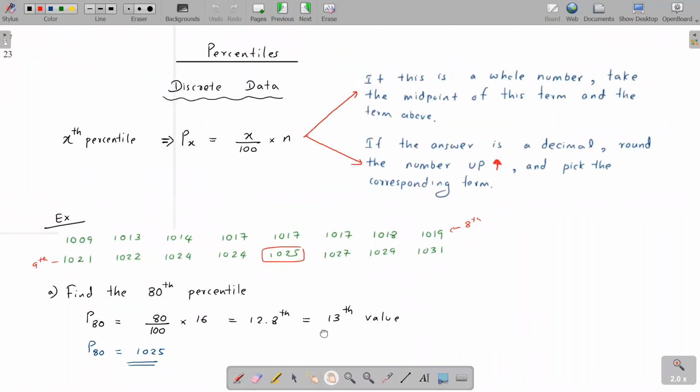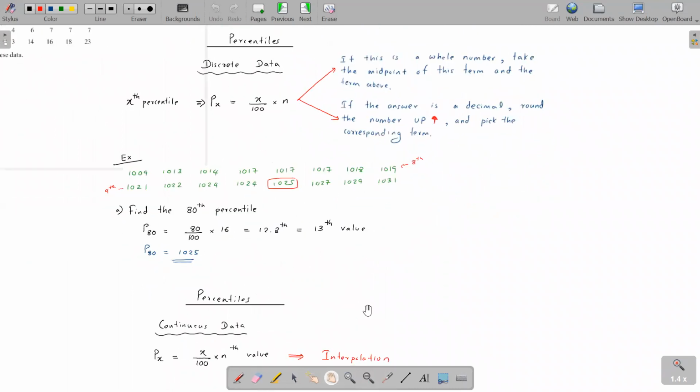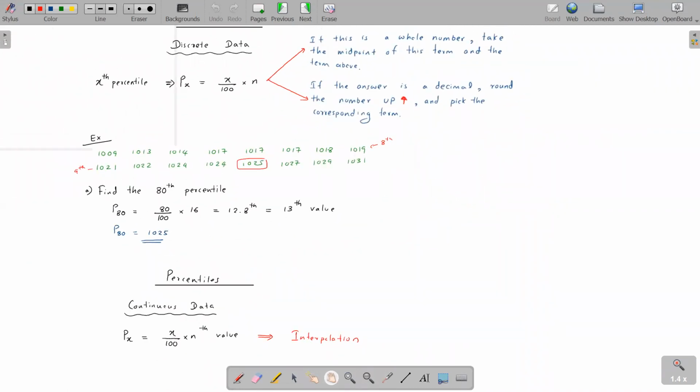But if the data is discrete, then you will apply this particular equation and go with these methods. If it's a whole number, you take the midpoint of that term and the term above. But if it's a decimal, you round the number up, pick the corresponding term and pick the percentile. Okay, so this is all you need to know about measures of location.